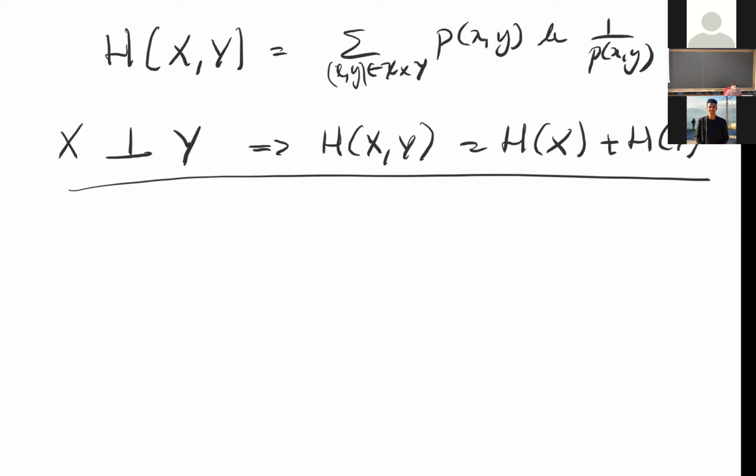This follows from the presence of the logarithm, because if you try to prove this, it follows very easily from the property log of AB is log of A plus log of B. The fact that the log turns products into sums induces the fact that the information becomes additive, because the joint law for independent variables is a product of their marginals, and because you take a log of a product, you get a sum, and that's how you can prove this formula.